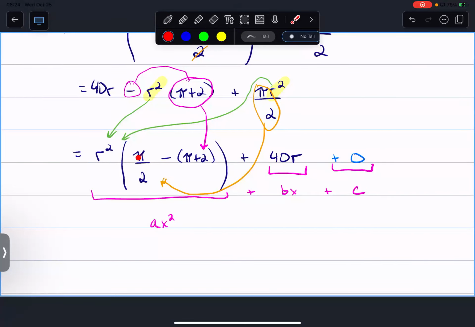This is my a, kind of big and gross. And this is my b, the 40 is my b, and c in this case is 0. Okay, good.